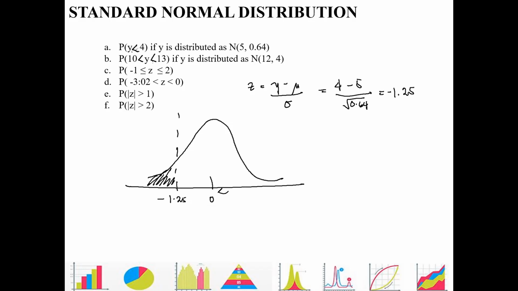So ito kasi from normal distribution, ito yung dating 5, ito yung mean, and then yung 4 is located here. So ito yung part na tinutukoy natin, ito yung hinahanap natin na area. So ano yung area ng negative 1.25? Tingnan natin sa table.